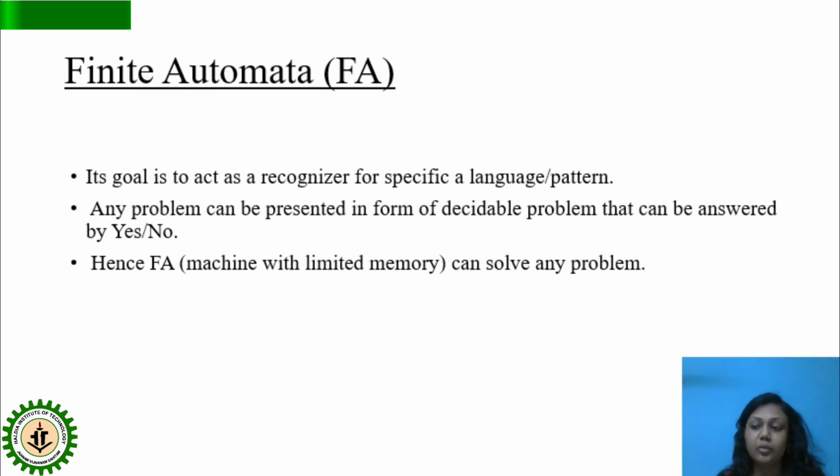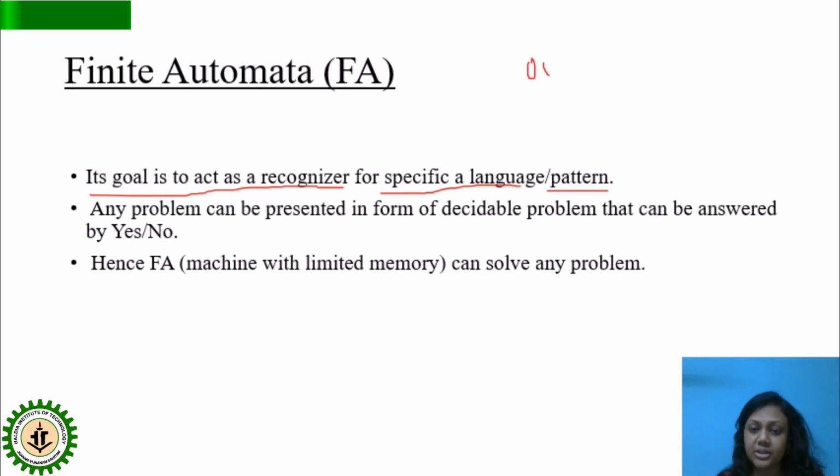Now let's see what is finite automata. Its goal is to act as a recognizer for a specific language and pattern. As we can see, the main goal of finite automata, which is also a finite machine, is to recognize a specific language or pattern. Now, what is a language?